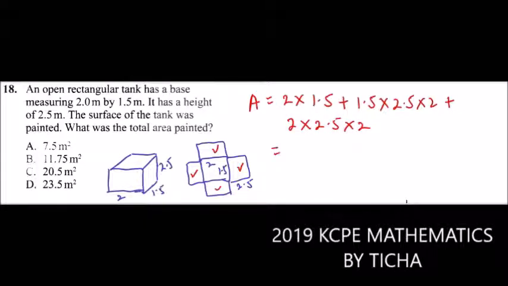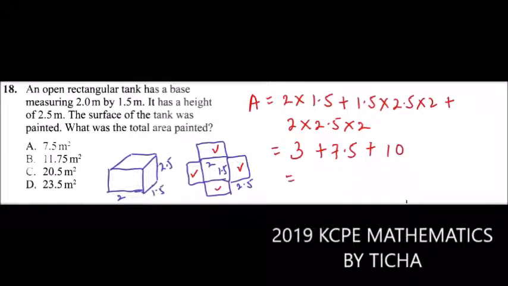So 2 times 1.5 will give you 3, plus 1.5 times 2.5 times 2 is 3 multiplied by 2.5, that will give you 7.5. Then we have plus 2 times 2.5 times 2 is 4 times 2.5 is 10.